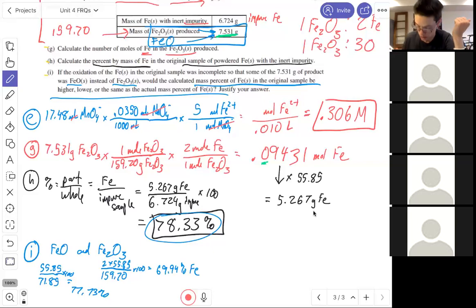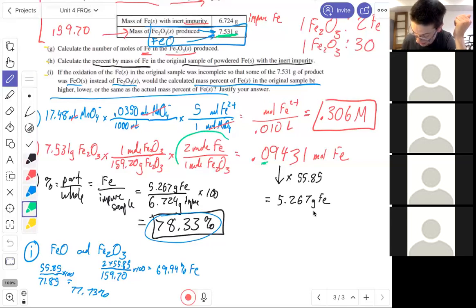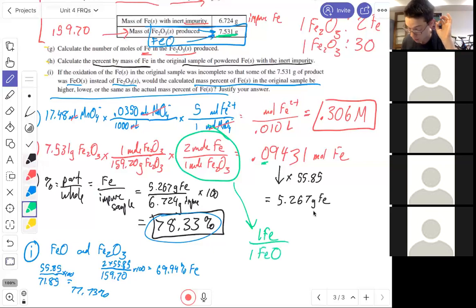What would that mean? It's going to affect it in several ways. If I look at this right here, what would be the mole ratio of Fe and FeO? It would be 1 to 1. So it would be 1 Fe over 1 FeO. And what would that mean for this mole amount? Would this mole amount here be larger or smaller? Smaller.